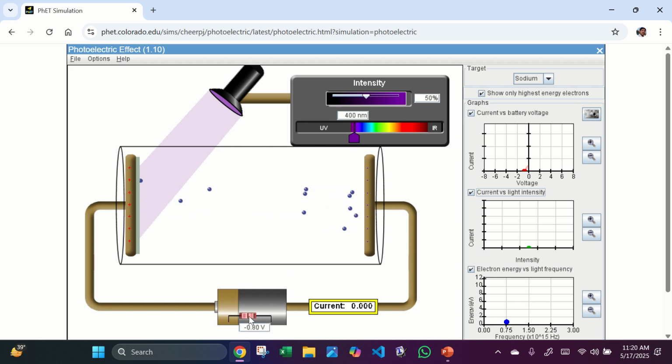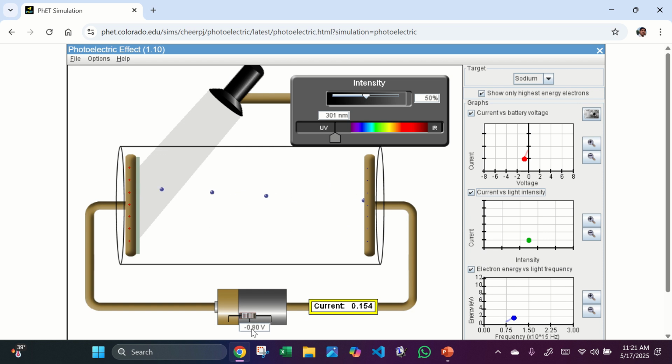Now take it back to 0 again and observe what happens when the frequency is increased. Let's make it around 300. Now observe, this time the current is 0.275. Let's make it negative, to make the current 0.